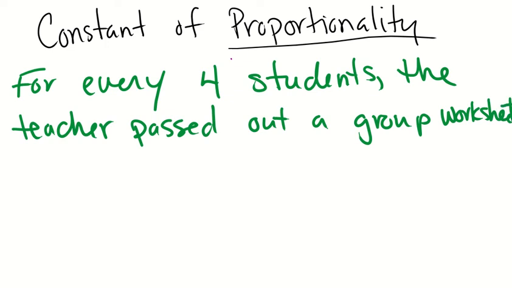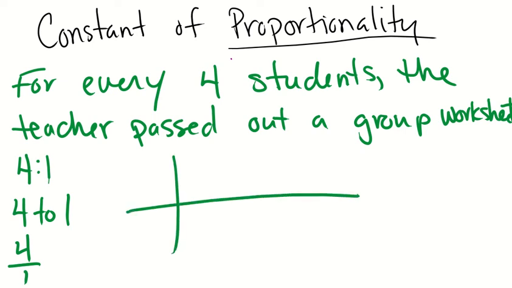I think that almost went off the edge there. So we would say for every 4 students, they passed out 1 group worksheet. Remember, we can write this in 3 different ways. And if we have our table, we want to label just students. Very messy. Hopefully you know what that means. Students, and I'm going to abbreviate worksheets.